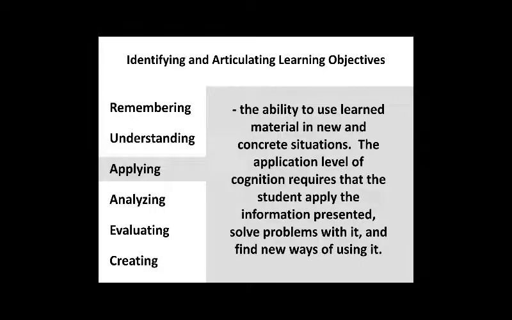Application level of cognition requires that the student apply the information presented, solve problems with it, and find new ways of using it. In mathematics, we always use it: applying a certain formula to solve a particular problem. In English also, applying a certain method of analysis to analyze a story.